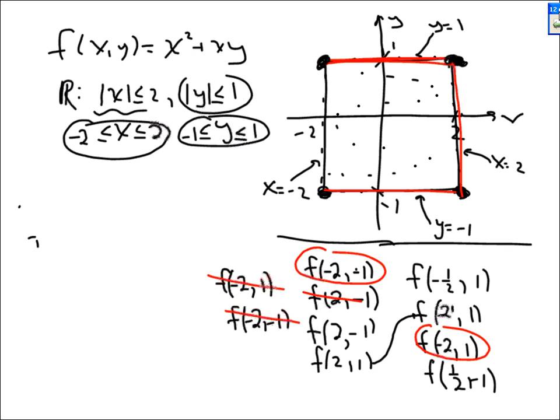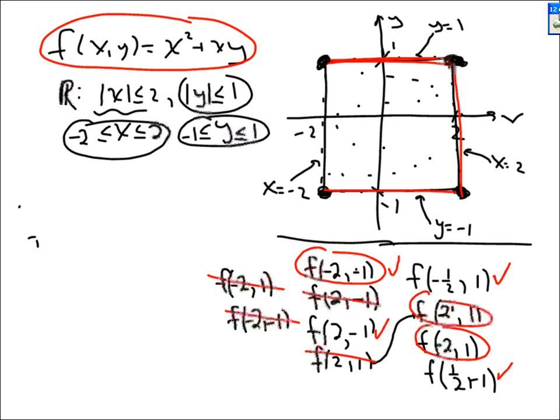I have two negative 1s right next to one another. 2, 1 is over here. So I need to check 1, 2, 3, 4. You check those 4, whichever one gives you the largest value, that's the max. Whichever one gives you the least value, that's the min. And of course, you're using this rule right there.